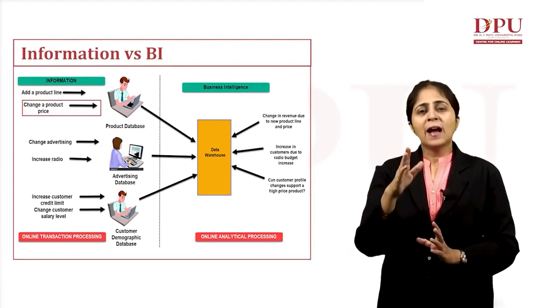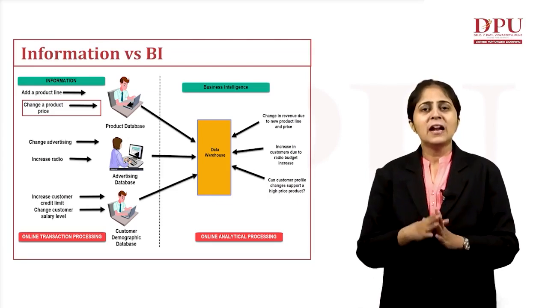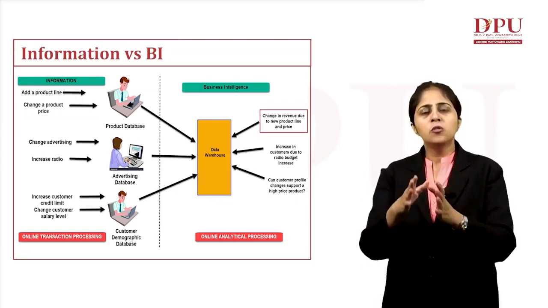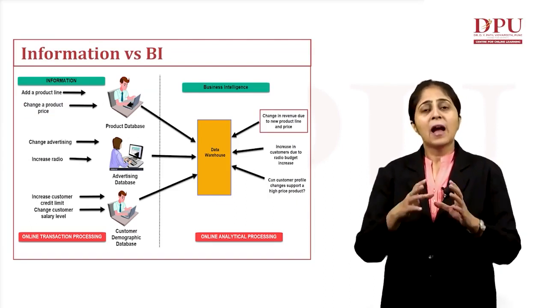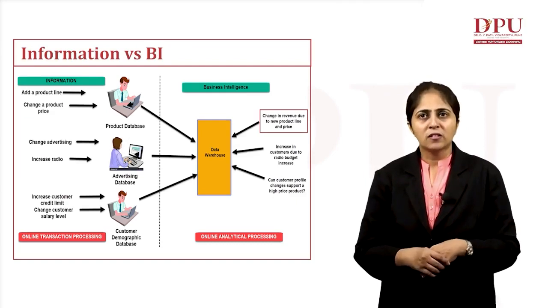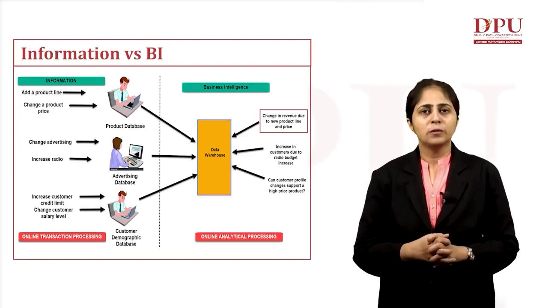Now, what happens at the level of business intelligence? We will see what the change in revenue is due to the new product line and due to the change in the price of the product. That is what is done by the business intelligence tool.